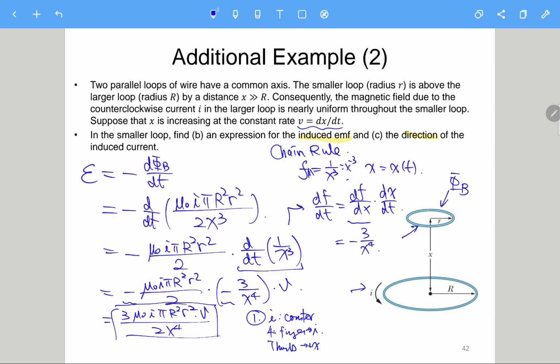In this case this is positive, and as we have a positive answer, the EMF will be in the forefinger direction, which is counterclockwise. E is positive, so the EMF should be counterclockwise.